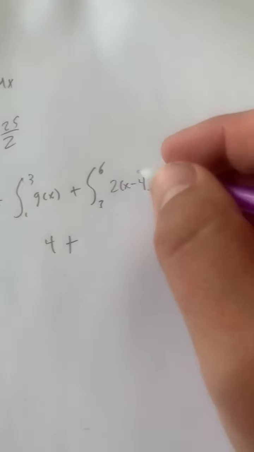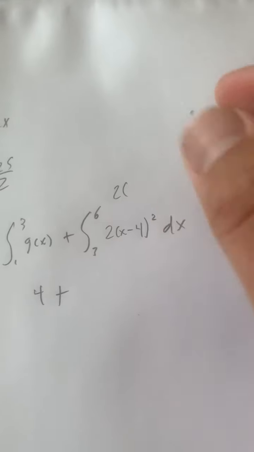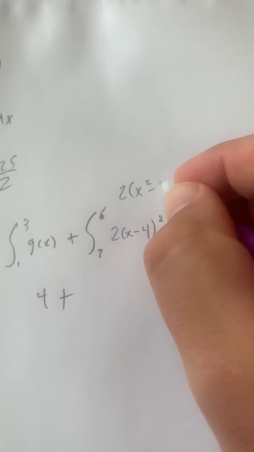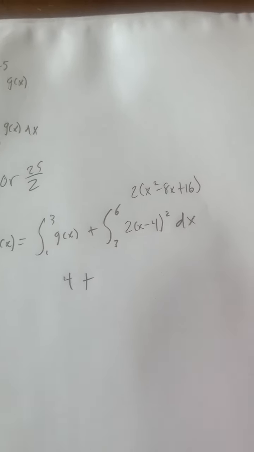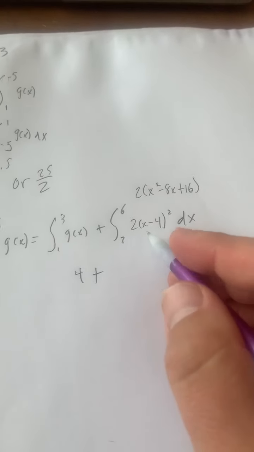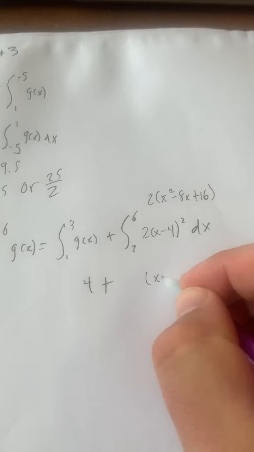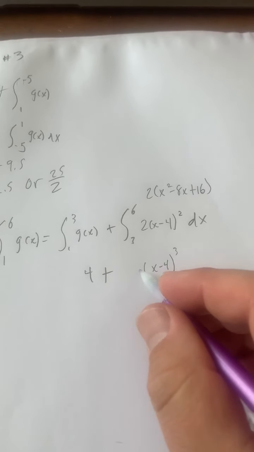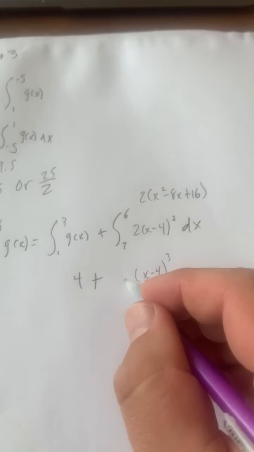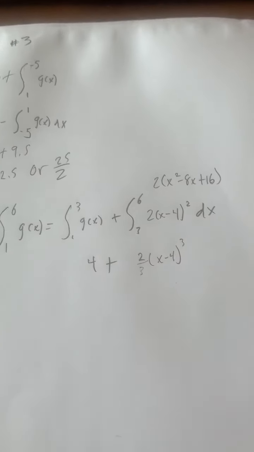And this one, I can do this function, or I could square this out, whichever one makes you feel more comfortable, and then distribute that 2 through there, if you want to do that. I'm okay doing this because I'm going to start with an x minus 4 to the third. I'm going to think, well, if I took this derivative, I'd have a 3 out there, and I don't want a 3, so I'm going to make a 3 go away, and I'm going to make a 2 appear.